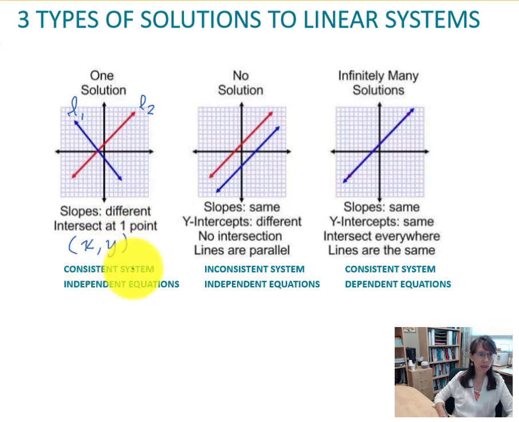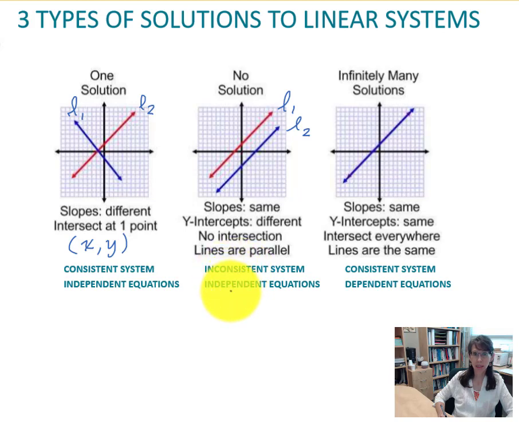This is called a consistent system of independent equations because the equations are completely different from each other to form these two lines. With the second example, we have no solution because line 1 and line 2 are parallel, and therefore they are never going to intersect. So this is an inconsistent system. We have no shared solutions.